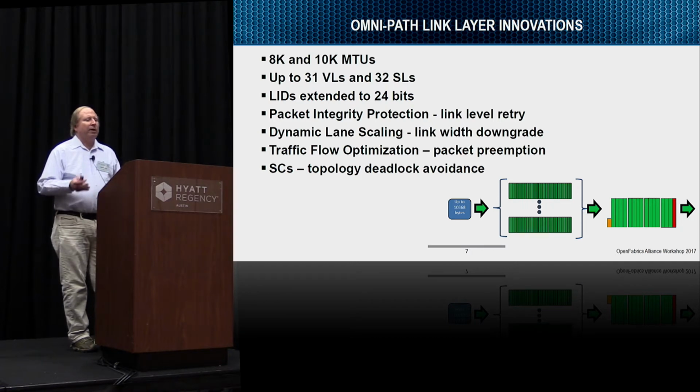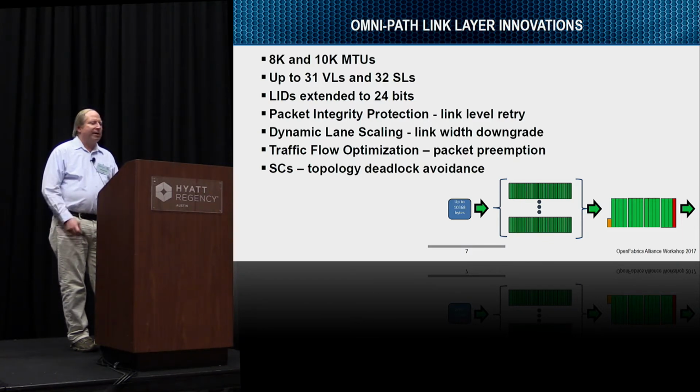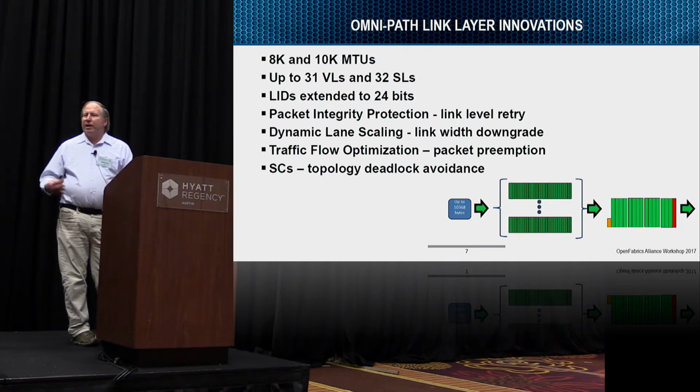Another thing that we did is a different approach to how we managed virtual lanes and avoided topology deadlock. At exascale, there's a lot of need for advanced topologies that are distinct from the typical trees that you see in a more traditional deployment in the mid-tier of the 500. So we added a technique that we refer to as service channels that gives us a way to do deadlock avoidance.